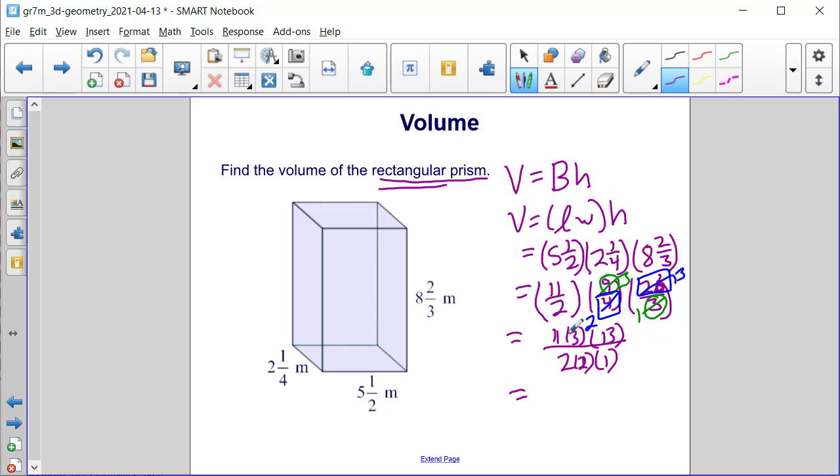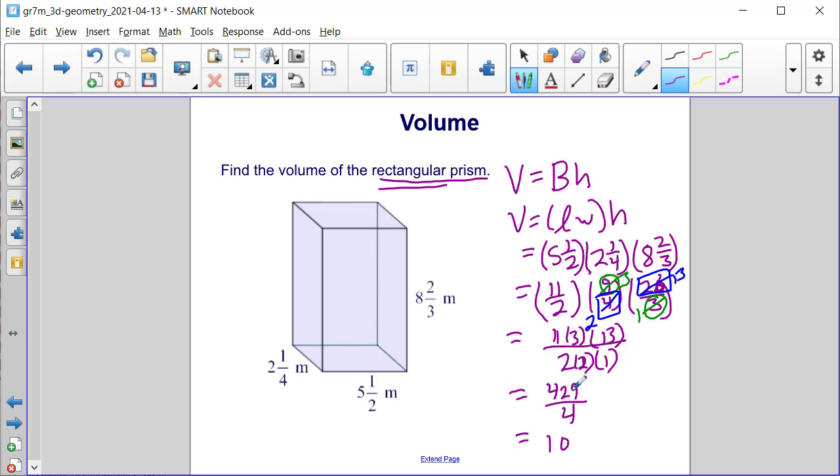So if we multiply them together, we have 11 times 3, which is 33, times 13, which is 429. And in the denominator, we have 2 times 2 times 1, which is 4. So we have 429 fourths. And if we convert this back into a mixed number, it would be 100, and then 4 cannot be divided into 2, so I'm going to put a 0 in that tens place.